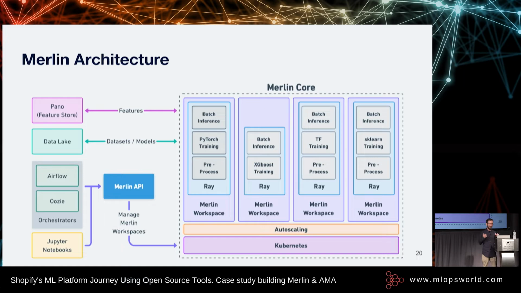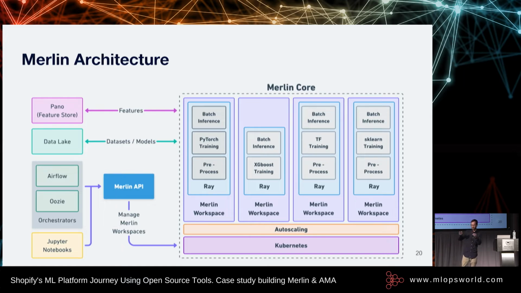If we take a step back and look at the architecture as a whole, the Merlin core is what we just saw with Merlin Workspaces. It runs on top of Kubernetes and has auto-scaling that it can leverage, and so each Merlin workspace can scale up to the requirements that they need or to the load that they should run on. Each Merlin workspace individually has a Ray cluster, and in that Ray cluster, they can run the whole machine learning workflow or a subset of that workflow.